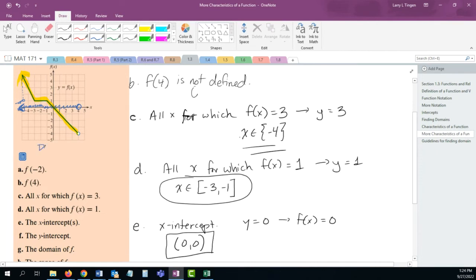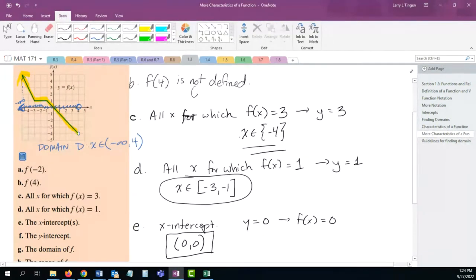So this means my domain starts at negative infinity and goes until I reach 4. Infinities are never included, all right? So that's why they always get a parenthesis. And the positive 4 doesn't get included because the endpoint is open.